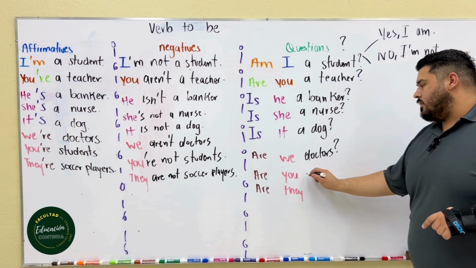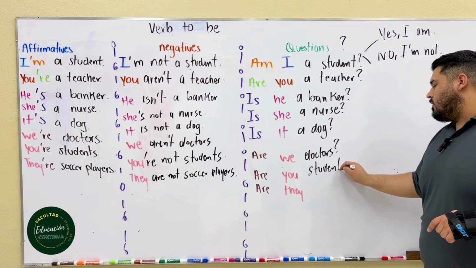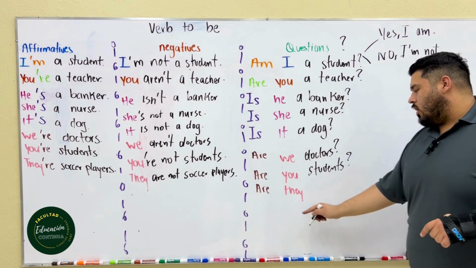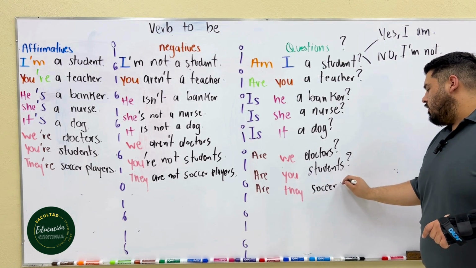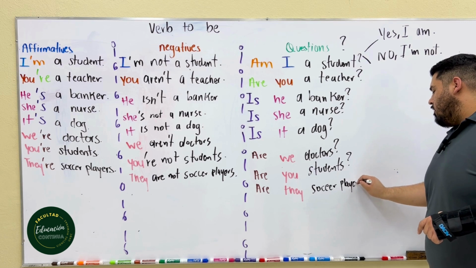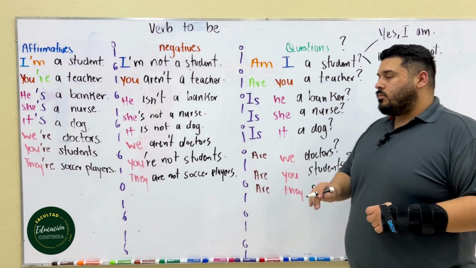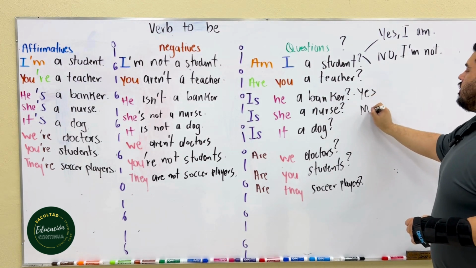Repeat at home, please. Are you students? And your question mark. Last one. Are they soccer players? Are they soccer players? And that's all.